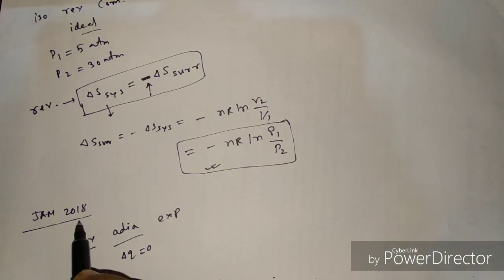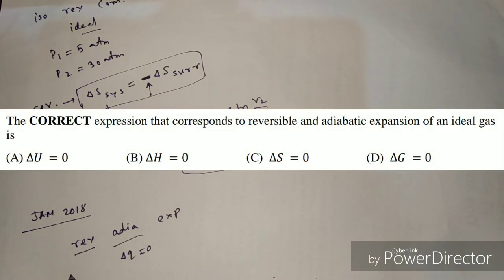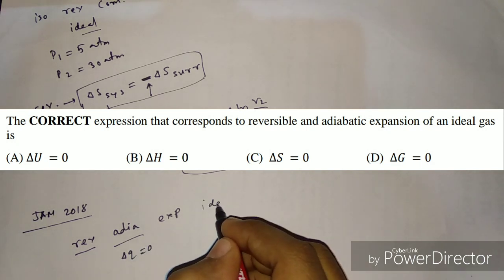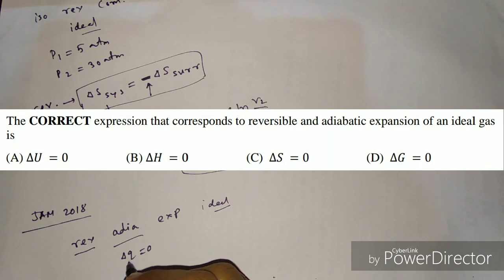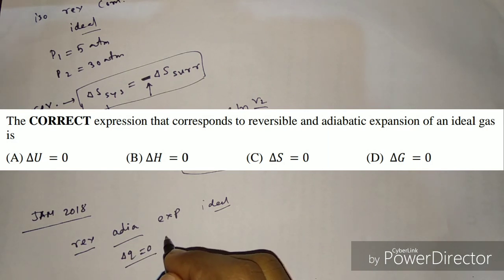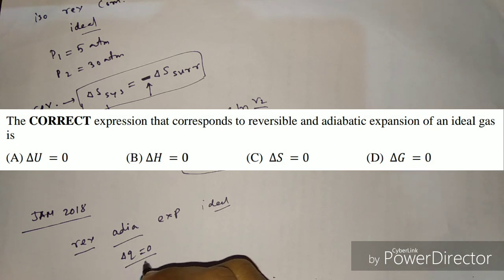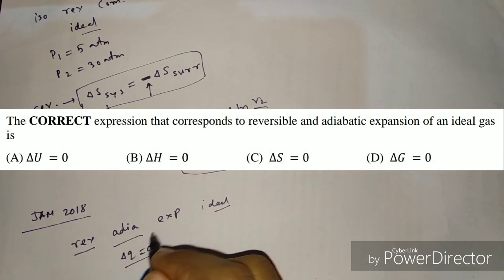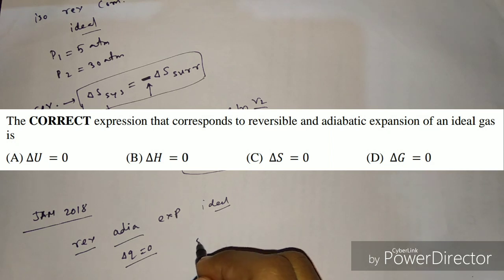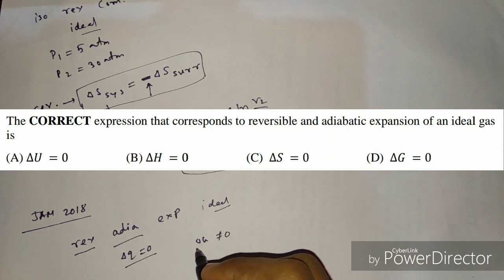Now coming to JAM 2018, and the question was the correct expression for reversible adiabatic expansion of an ideal gas. For adiabatic, delta Q equals 0. The process is not in equilibrium, so delta G is not equal to 0.